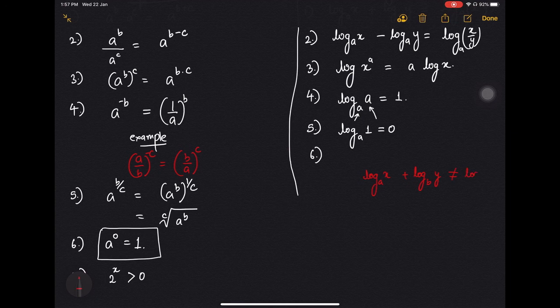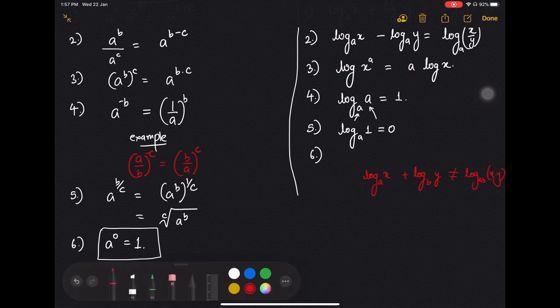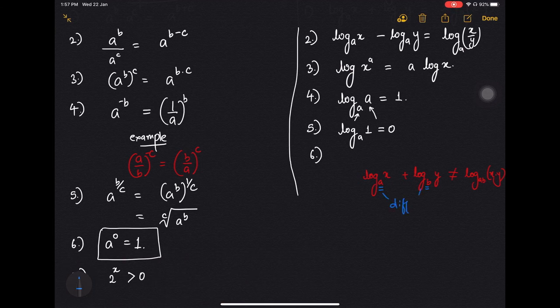You can't write this as log of a b, x y, or for that matter anything. Why? Because the bases are different. To make this work out, you have to make the same base for both of them.